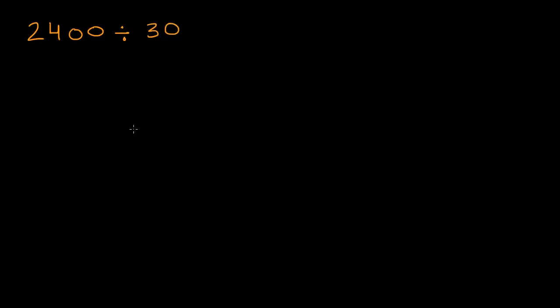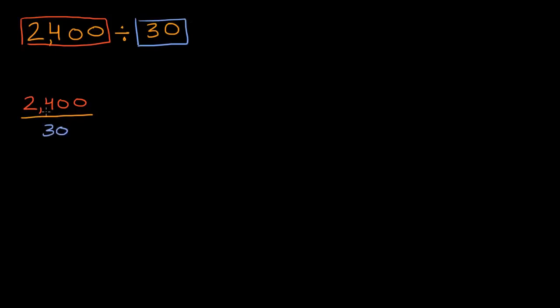All right, so let's think about this together, and I'm going to show you how my brain likes to handle this. We'll do this out on my little digital blackboard, but eventually you'll be able to do things like this in your head. So 2,400 divided by 30 is the same thing as 2,400 over 30.